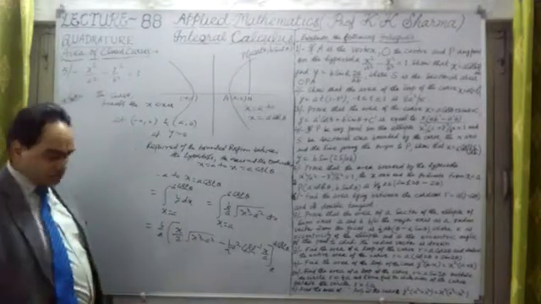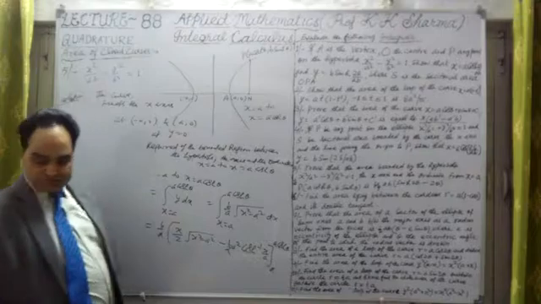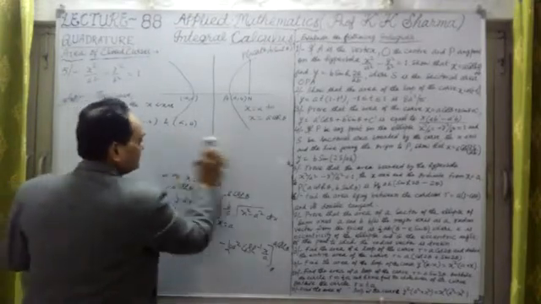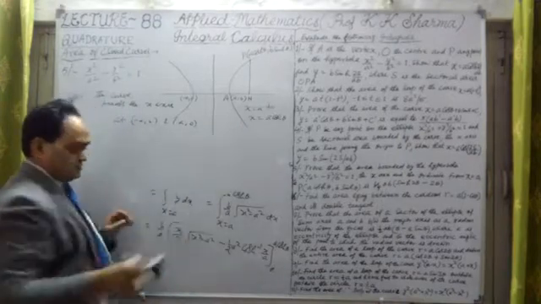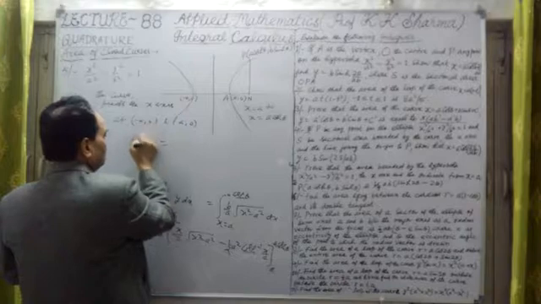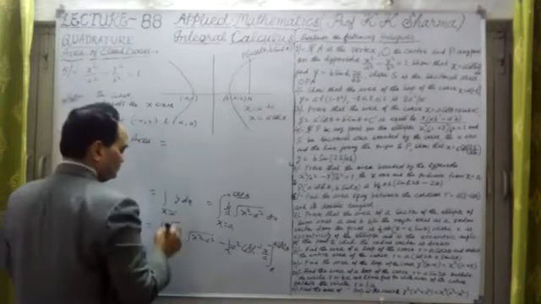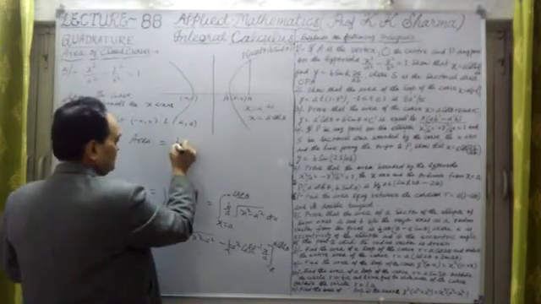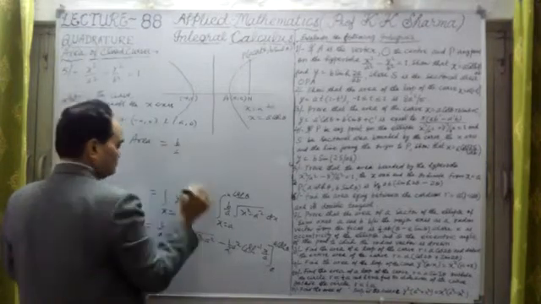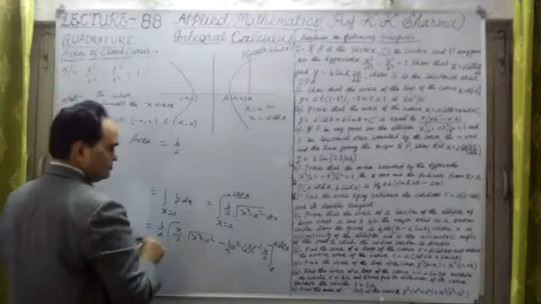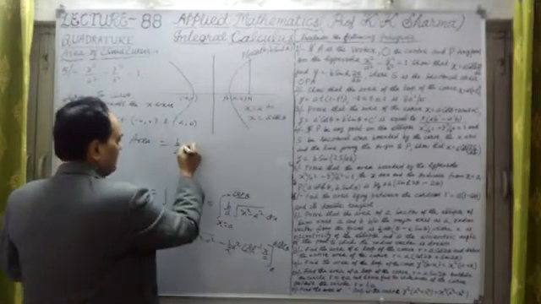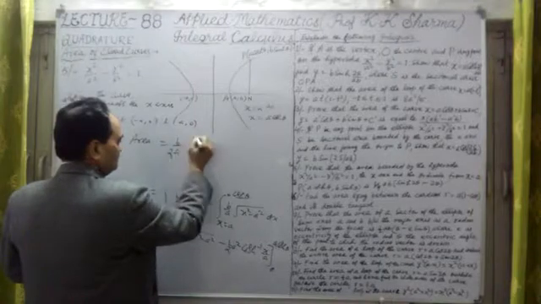Now let me substitute the limits here. Finally, what is the area? Let me calculate this. The required area is equal to b upon a, and 1/2 is common.